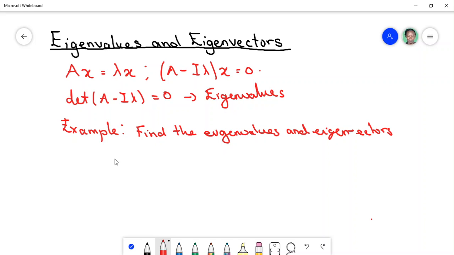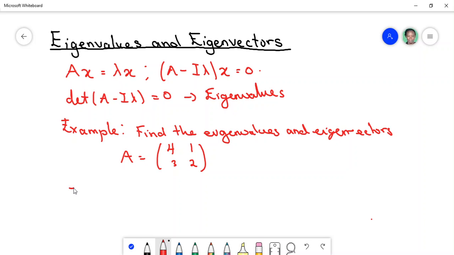So let's say our matrix A is equal to 4, 1, 3, 2. This is the matrix A.